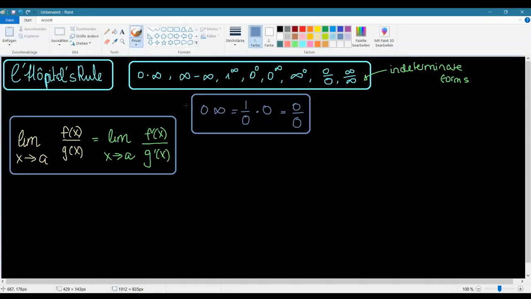So you're going to have to be kind of clever about how to write down your function. Okay, so we have the rule, and let's write down the corresponding sentence. It's always good to have it in your head.